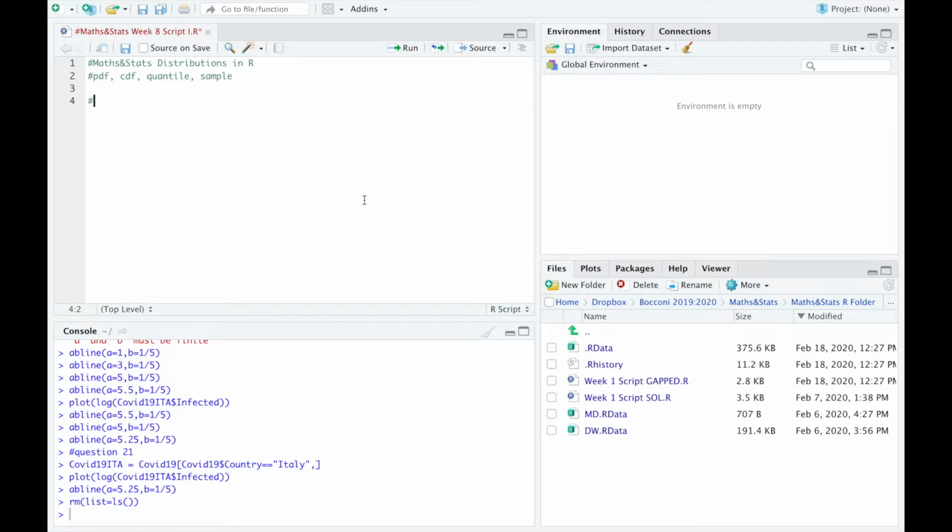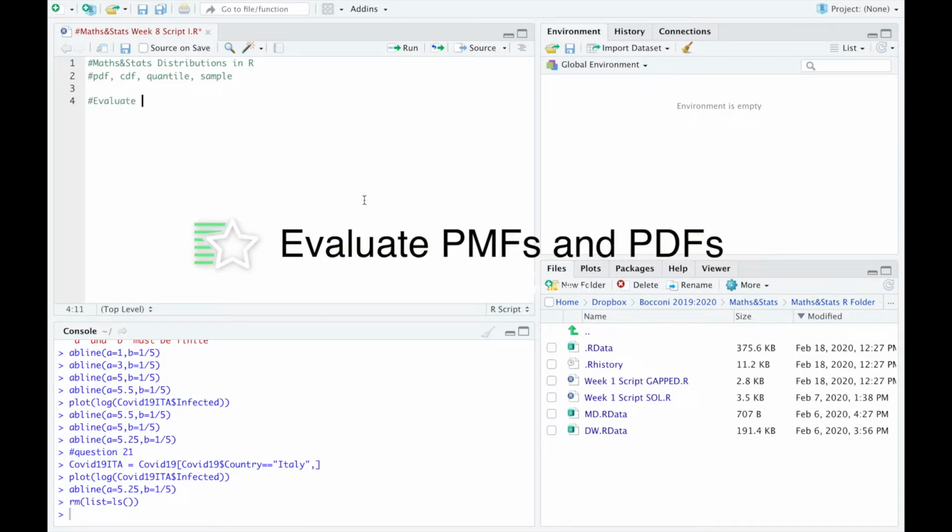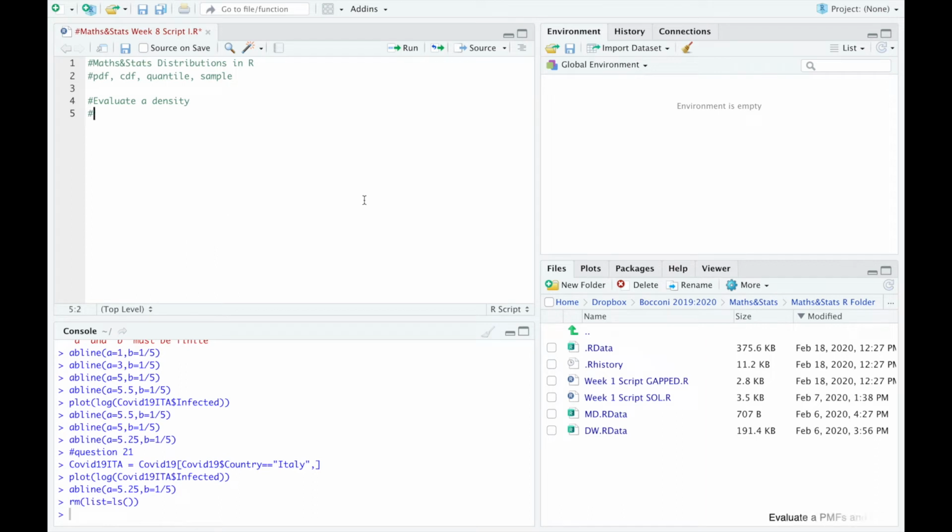Okay, first thing we look at is how to evaluate a density. So the functions in R are very easy to remember. To evaluate a density, you have to combine the d for density plus the distribution token. Okay, this will be very clear in a second.